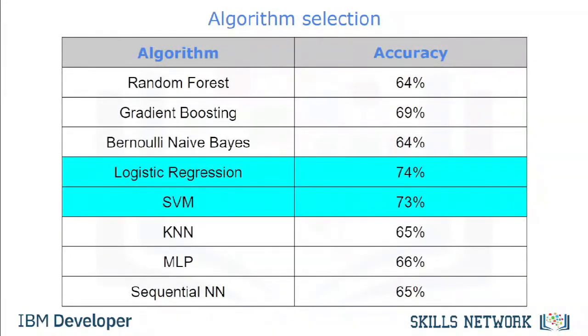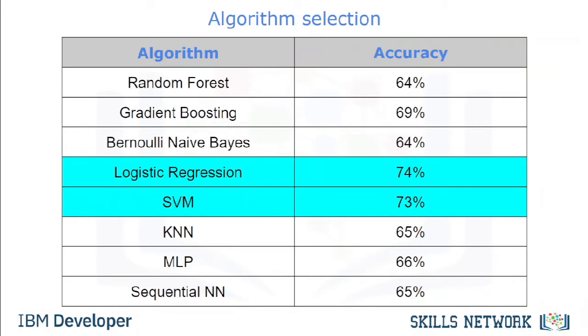For algorithm selection, you can see here that there are several, but the result is only two that are highlighted. Support vector machine is a set of supervised learning methods for classification, regression, and outlier detection.